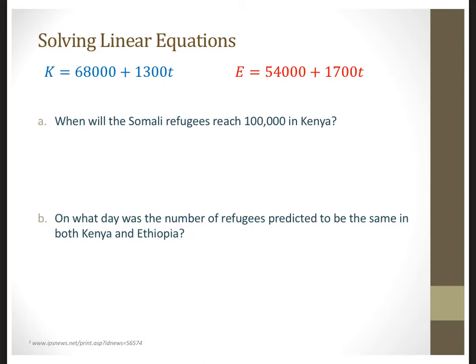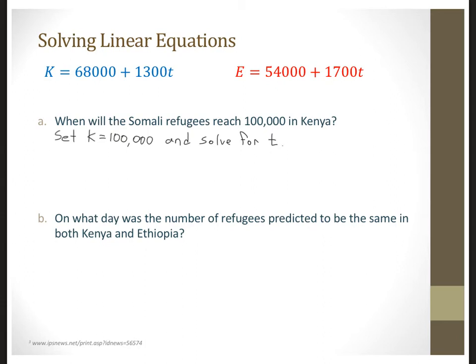This is an equation that we need to solve. We need to set the output, K, equal to 100,000 and then solve for what value of T will make K equal to 100,000.